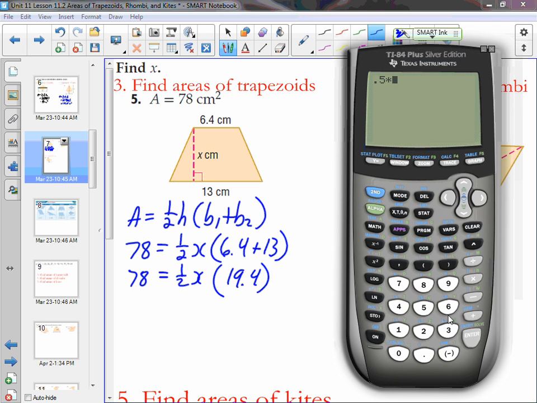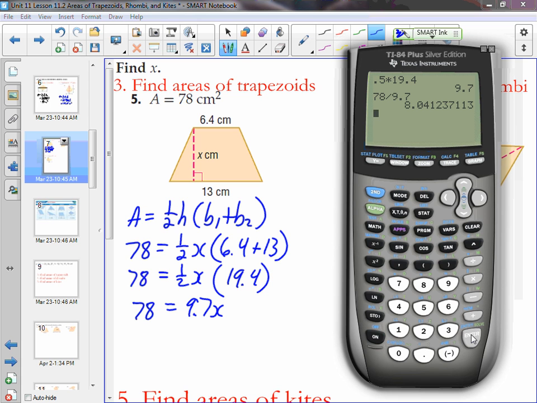0.5 times 19.4. Yeah, that's fine. So 78 equals 9.7x. And I've simplified as much as I can. I'm back to the old simplify before you solve, right? I simplified everything I can. All I got to do now is divide. So 78 divided by 9.7.